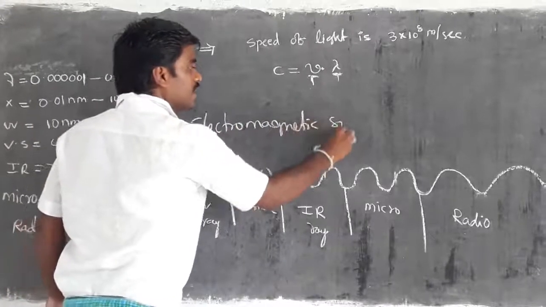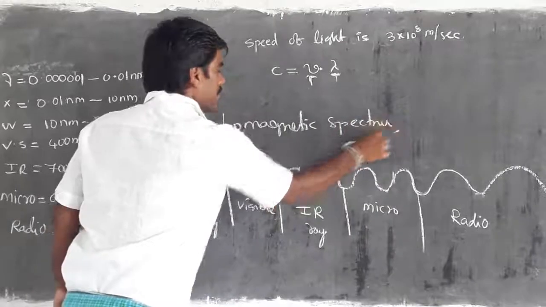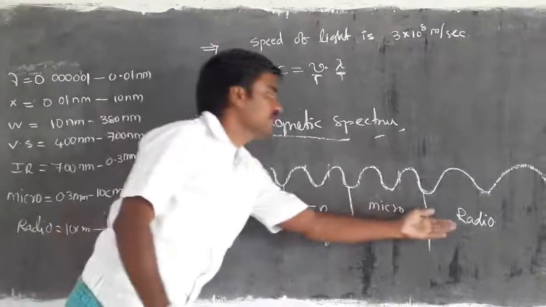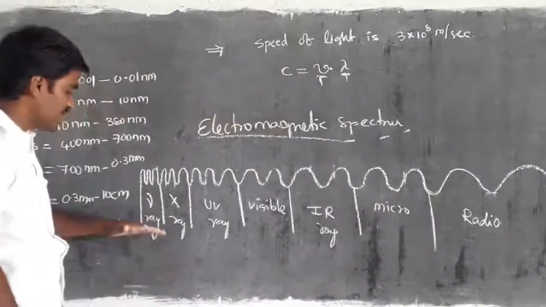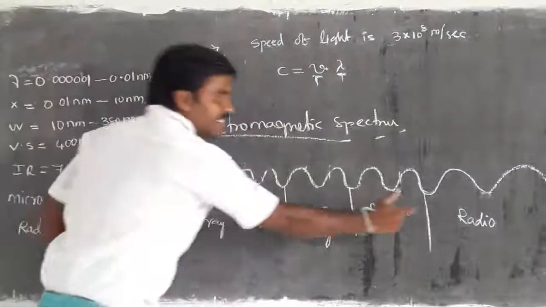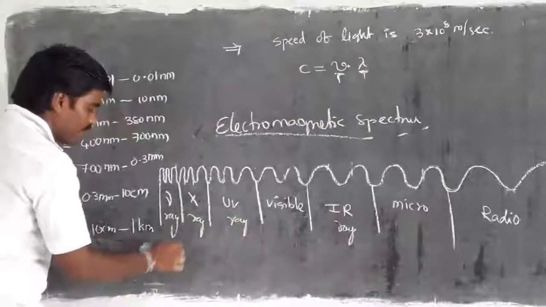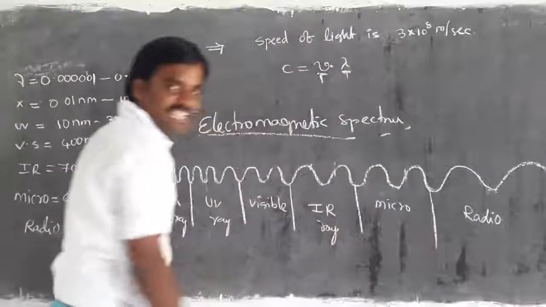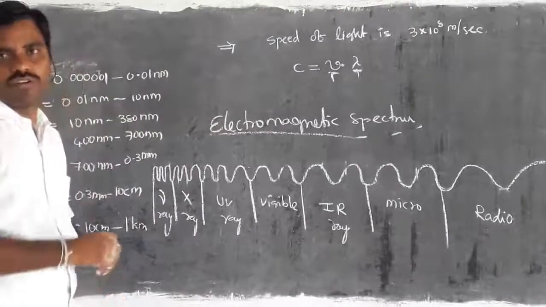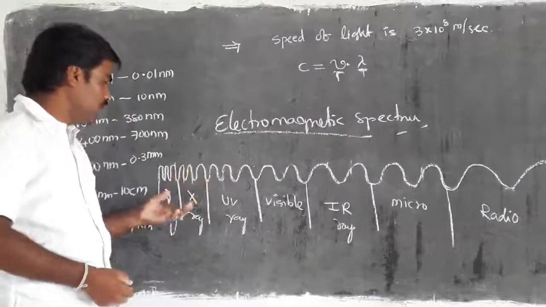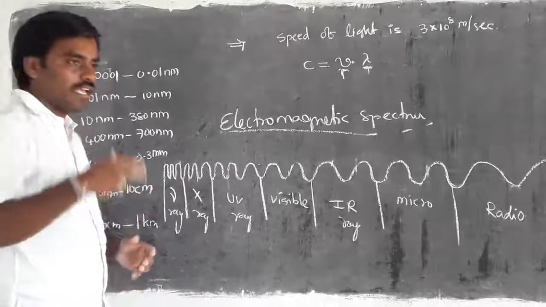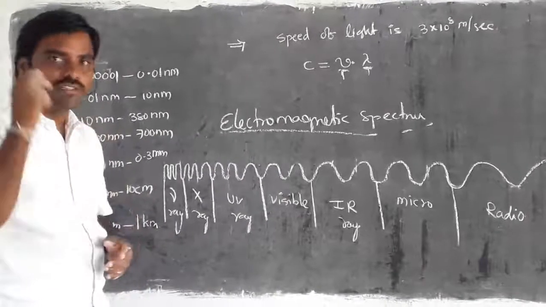The electromagnetic spectrum starts from gamma rays and ends with radio waves. This is the shortest wavelength and this is the highest wavelength. Moreover, here the frequency is more, here the frequency is less. We use all types of waves, especially when we talk on mobiles, we get radiation.